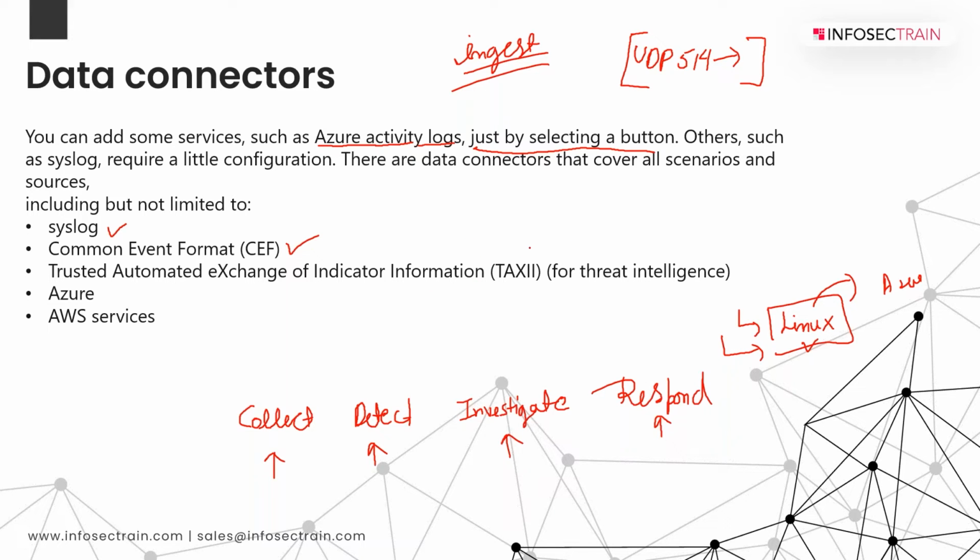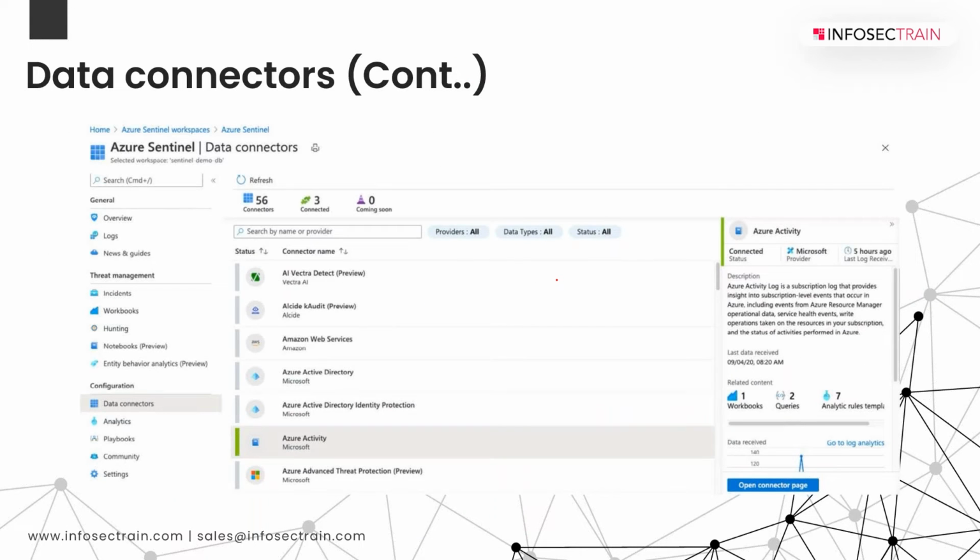For threat intelligence, if you are familiar with things like TAXII, it is a protocol which helps you exchange threat intelligence, so it works with TAXII. It will also be collecting all the logs from Azure, and because it is an Azure-based SIEM tool, from AWS obviously as well. The figure looks something like this in the screenshot I am using, where you can notice the 56 connectors here.